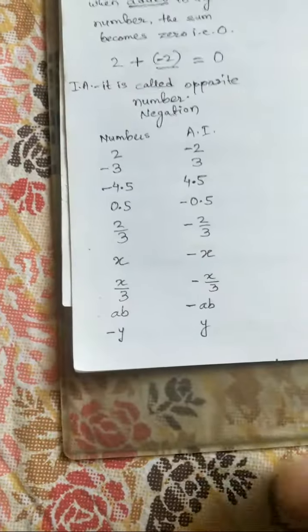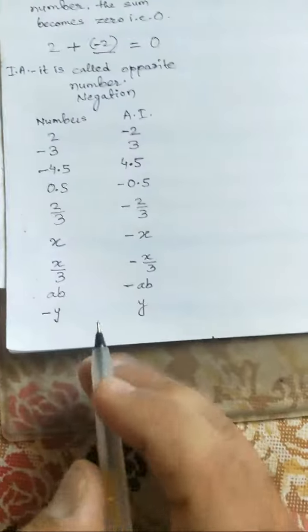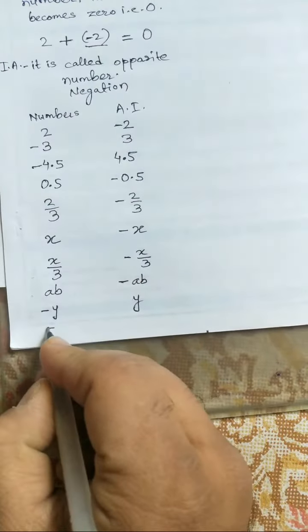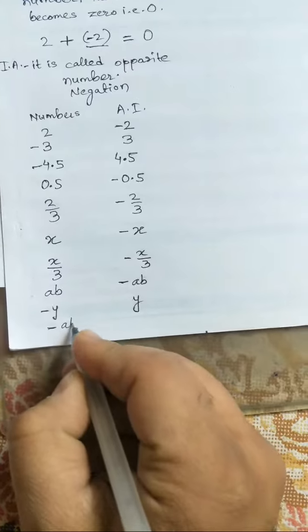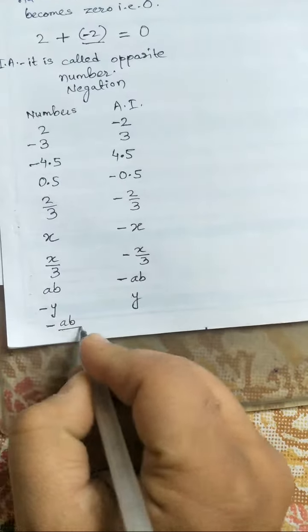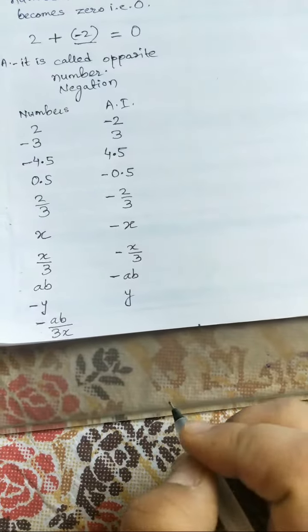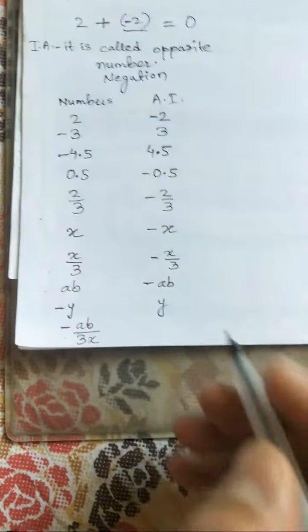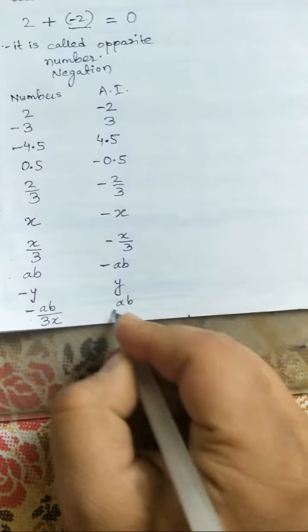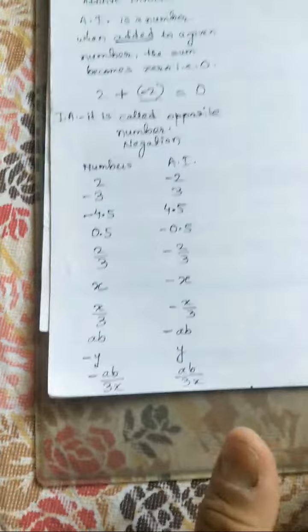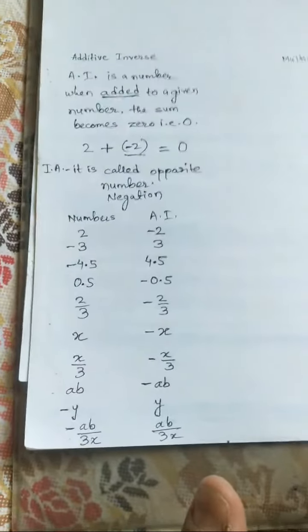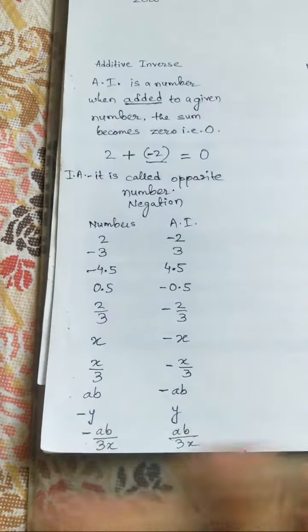One more example: let's say your given number is minus a by b upon 3x. So the additive inverse would be plus a by b by 3x. Nothing else you have to do, just take the sign opposite to the given number.